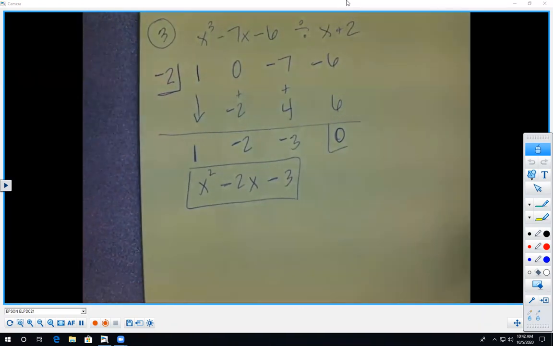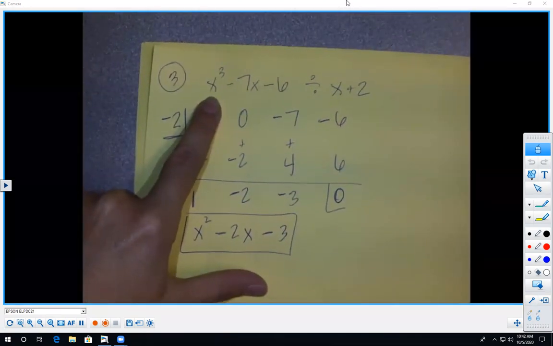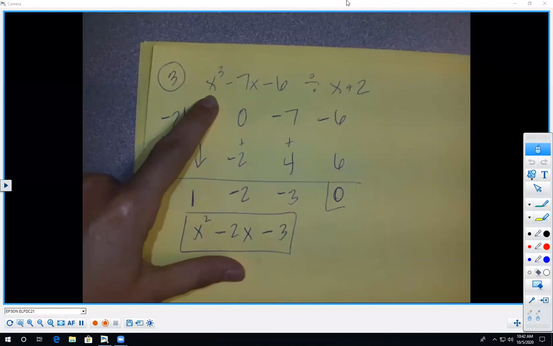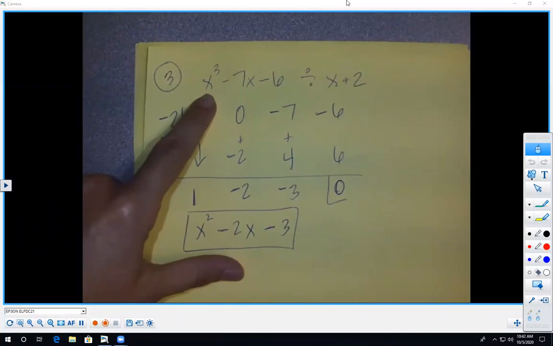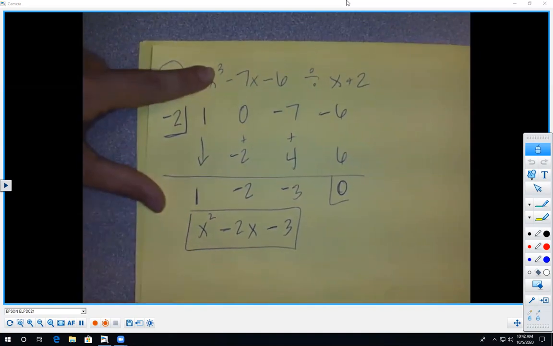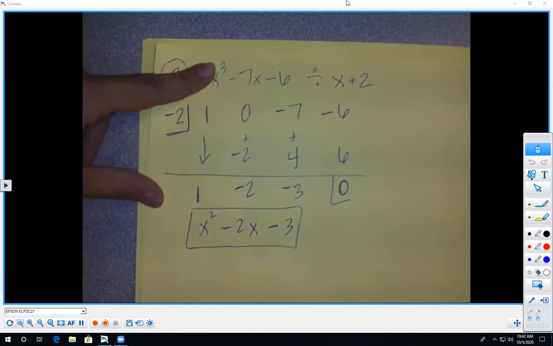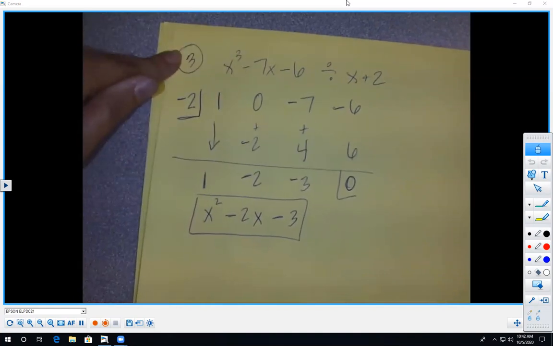The way we use this, though, is now I know that, look at your original problem, x cubed minus 7x minus 6. Do we have any way of factoring that? It looks like an AC method, but with x cubed at the front, it's not an AC method problem. We have no possible way to factor that problem.